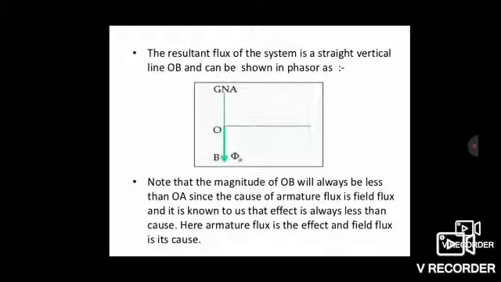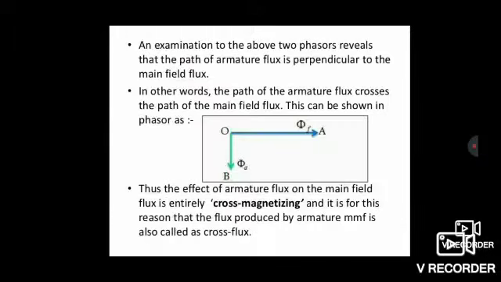Note that the magnitude of OB will always be less than OA, since the cause of armature flux is field flux, and it is known to us that the effect is always less than the cause. Here armature flux is the effect and field flux is the cause. An examination of the above two phasors shows that the path of armature flux is perpendicular to the main field flux.